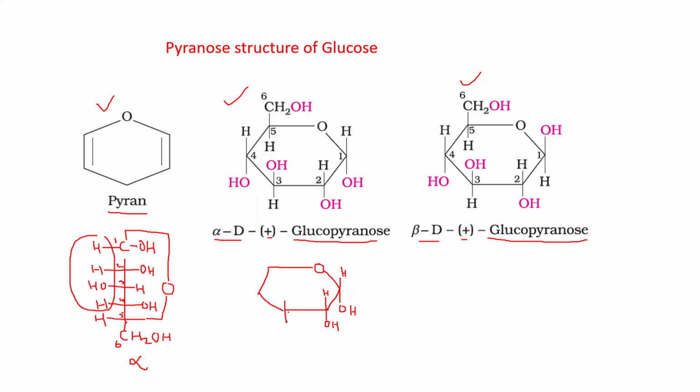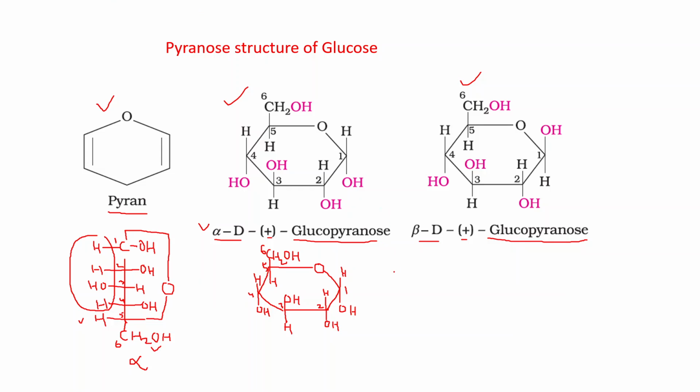On the third carbon atom, OH is on the left hand side, that's why it is above, and this is H. On the fourth carbon atom, this is H, and this is OH. On the fifth carbon atom, this H and CH2OH: write this CH2OH above the ring, and this H is this. We can say this is first carbon, this is second, third, fourth, fifth, and this one is sixth. This is alpha D plus glucopyranose.